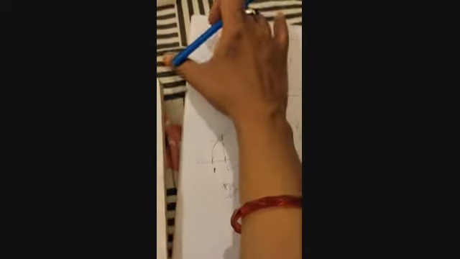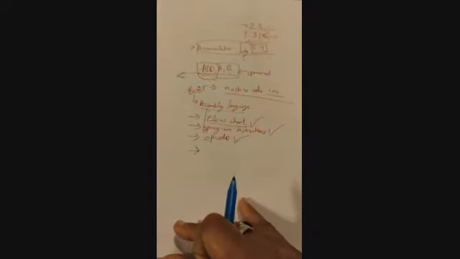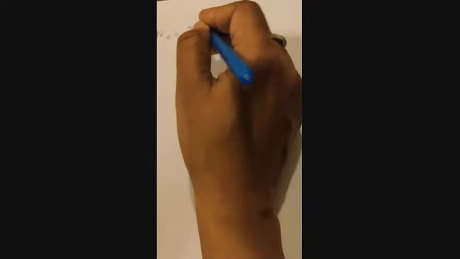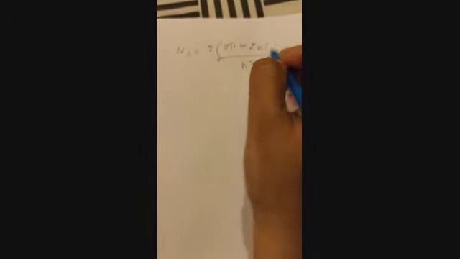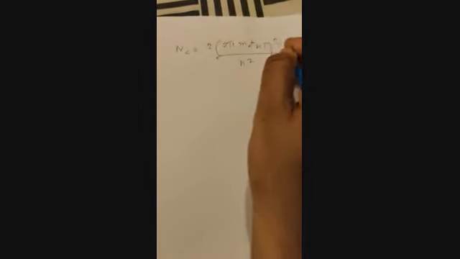One more thing I want to tell you: it is also depending upon the temperature. Now the value of NC should be 2 multiplied by (2 pi mn* KT upon h square) to the power 3 by 2.